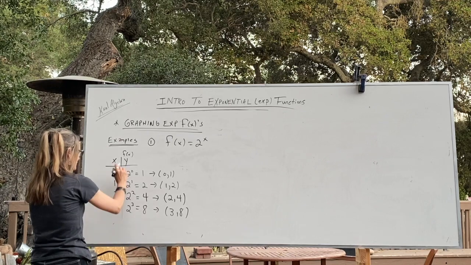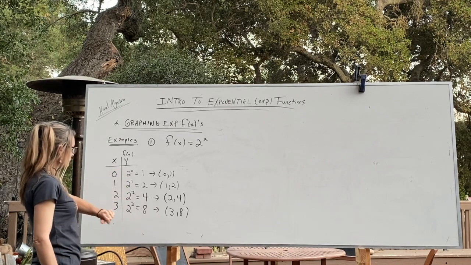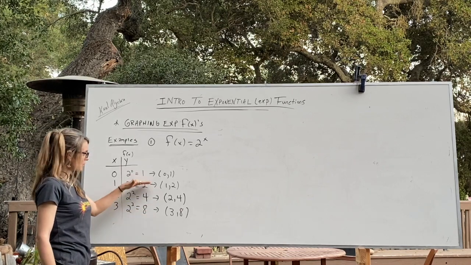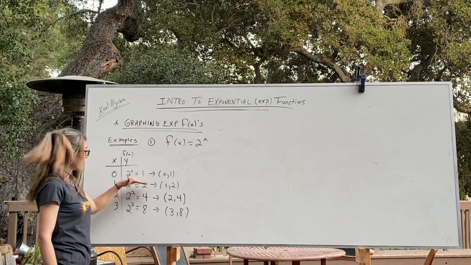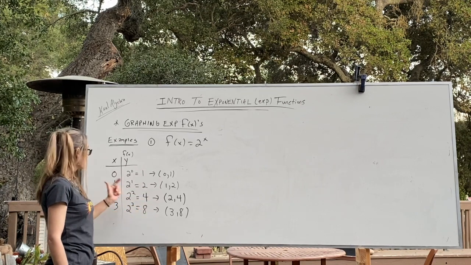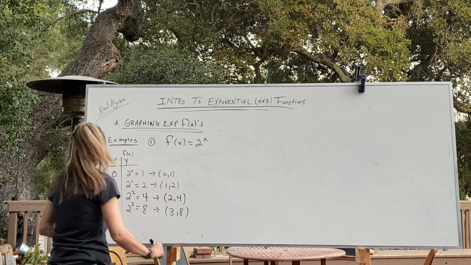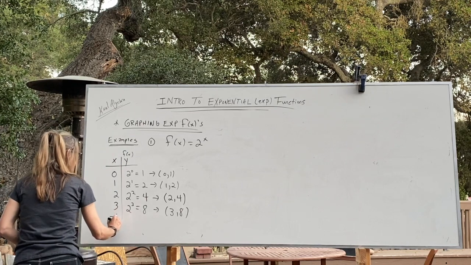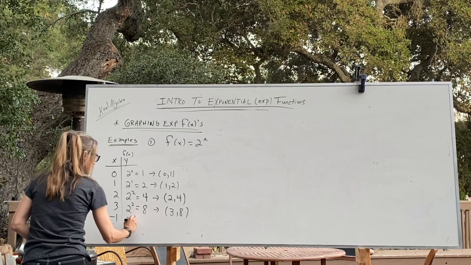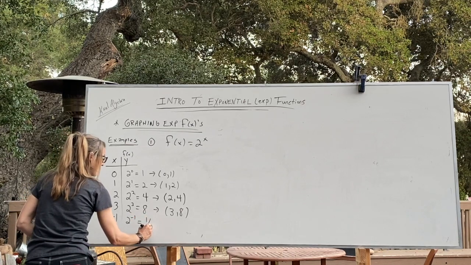And let's go ahead and see some of the negative values. We can see that this is doubling. Okay, it's growing exponentially. Our output is growing as a percent increase with respect to our input, our independent variable. Now, what happens if I put a negative 1 in there? I get 2 to the negative 1, which is 1/2.